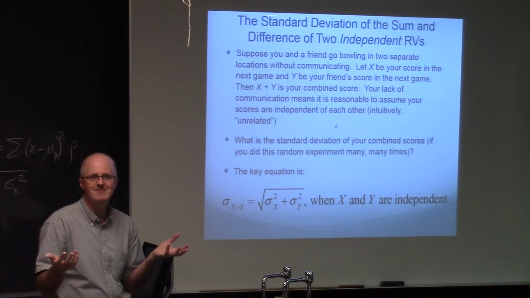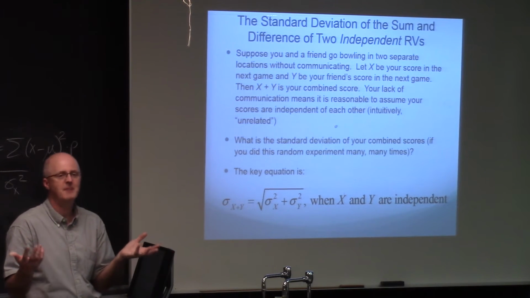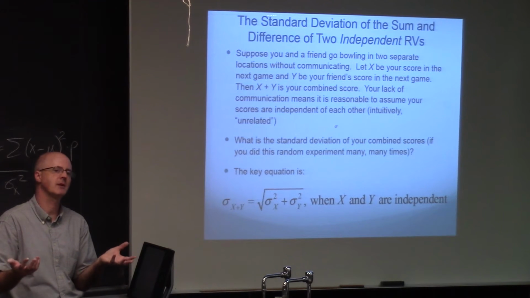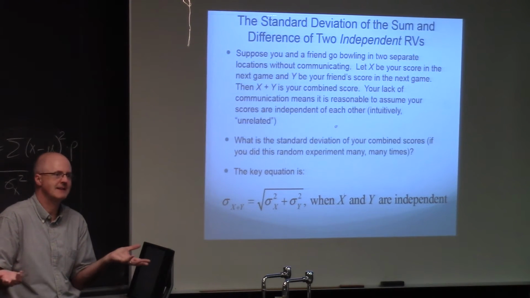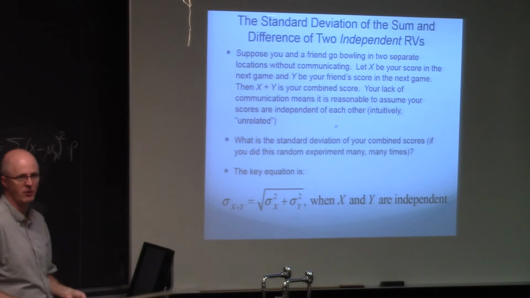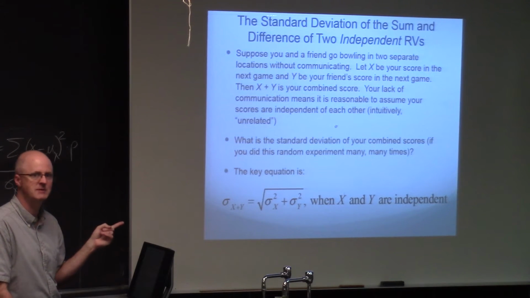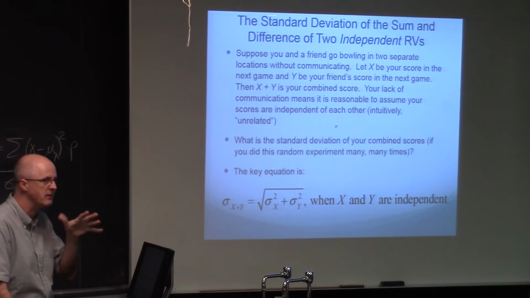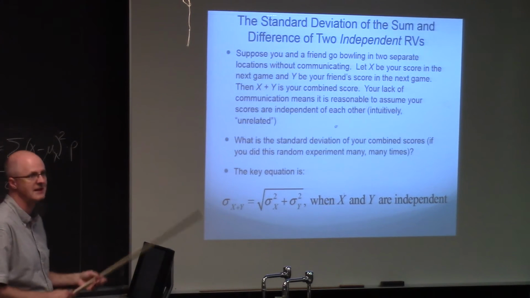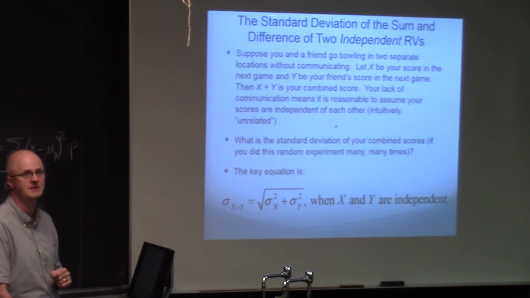Many times we'll go ahead and assume they're independent, without that necessarily being true, so that we can use this formula. But realize in real life that that assumption might not be warranted, or it might only be approximately true, and so this formula itself only gives you an approximation.